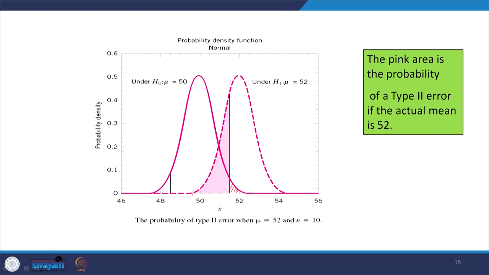This overlapping region is the pink one, because the pink portion lies on the acceptance side, we have falsely accepted it, assuming that region has come from the population with mean 50. So, it is a false acceptance, right. This pink region is nothing but the value of your type 2 error.